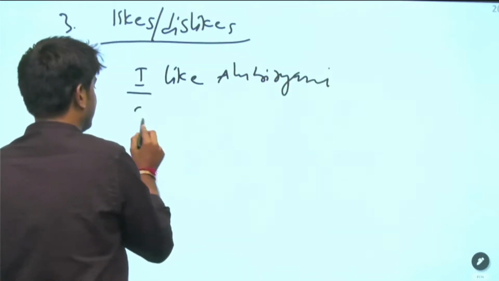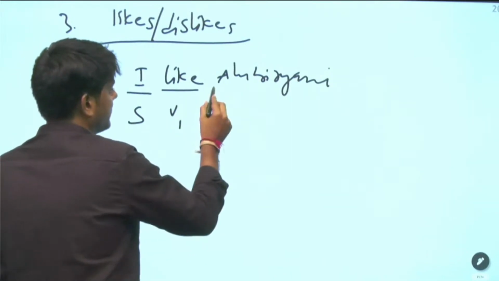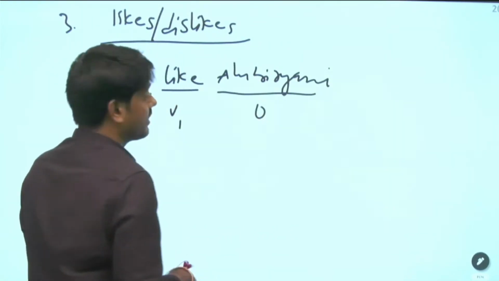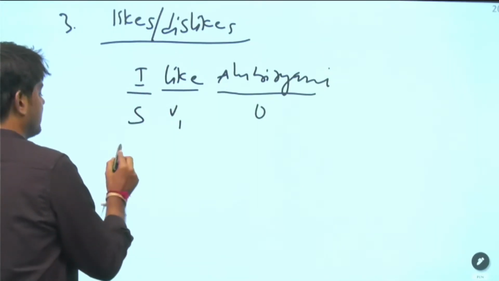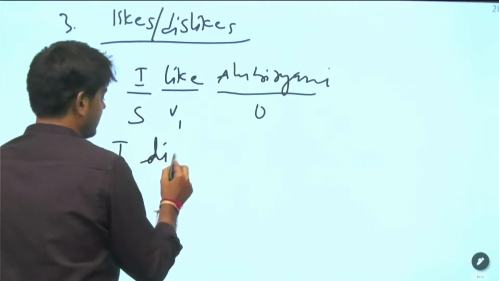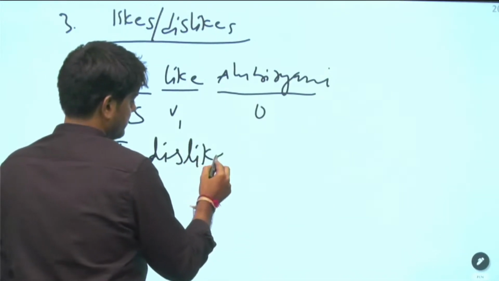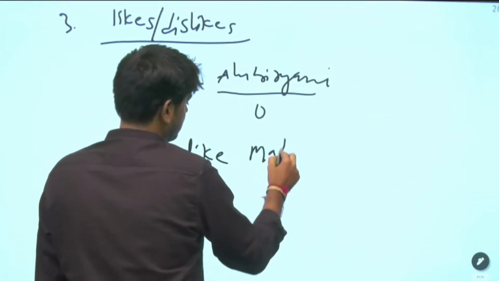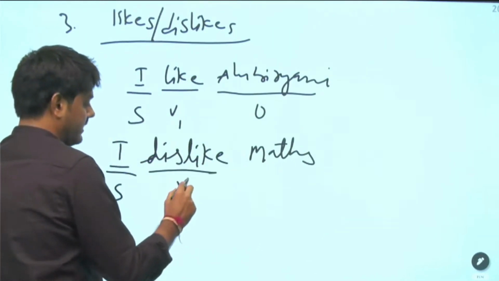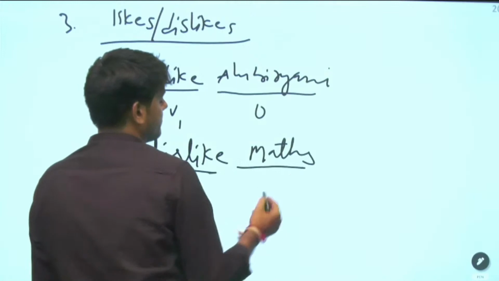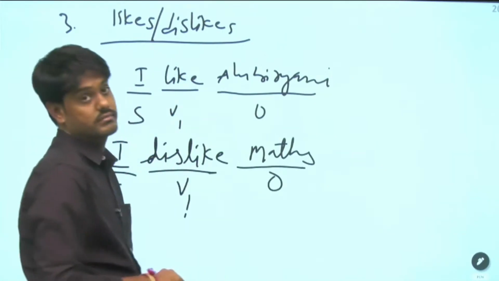Here I is the subject, like is V1, and aloo biryani is the object. Another example: I dislike maths. Here I is the subject, dislike is V1, and maths is the object.